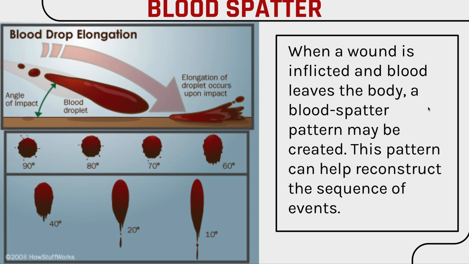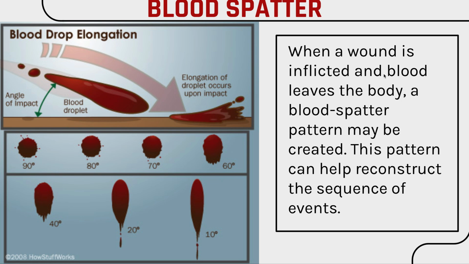All right, so now that you've watched that video, hopefully you know a little bit about blood spatter, how it's created, what we look for when we're analyzing it. So now let's break down those details. When we're looking at blood spatter, there's quite a few different things that go into play when it comes to actually creating that pattern.